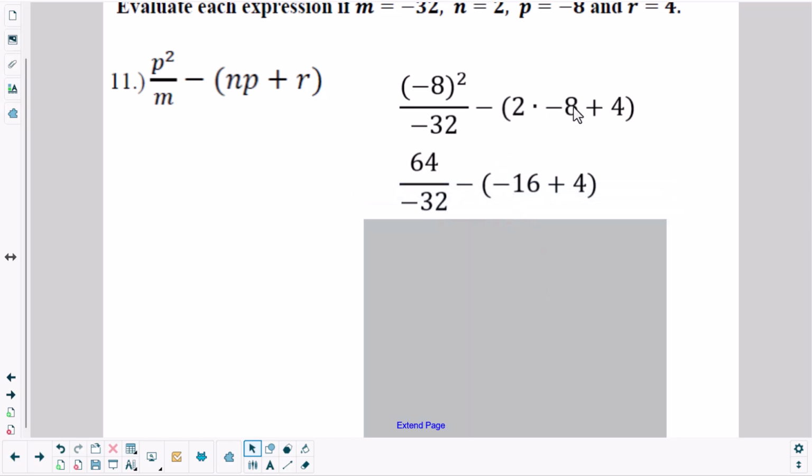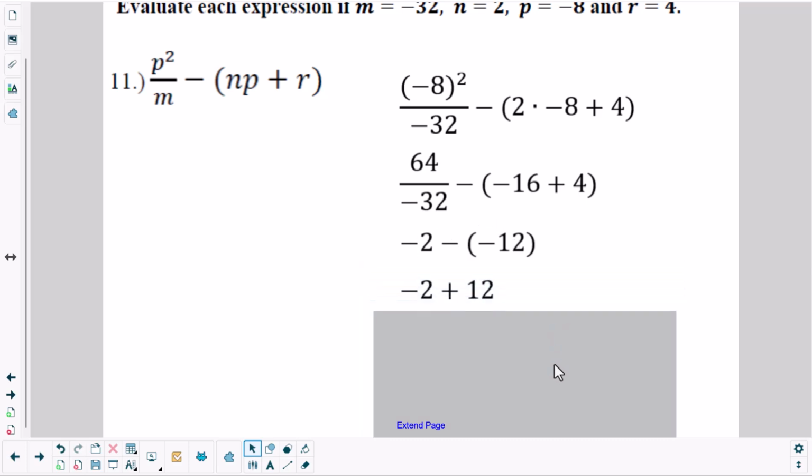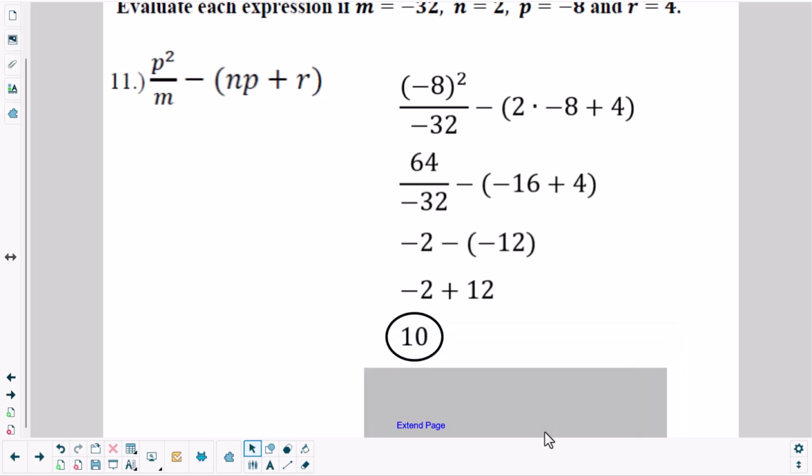Same step, I also did 2 times negative 8 to get negative 16. 64 divided by negative 32. 32 goes into 64 twice. That will be negative 2. Also did negative 16 plus 4 to get negative 12. So be really careful with the details here. This becomes negative 2 minus negative 12, which we can rewrite as negative 2 plus 12. Final answer here will be positive.